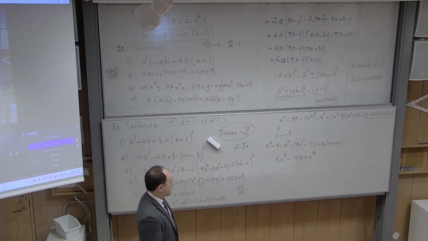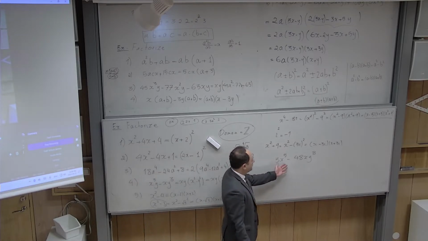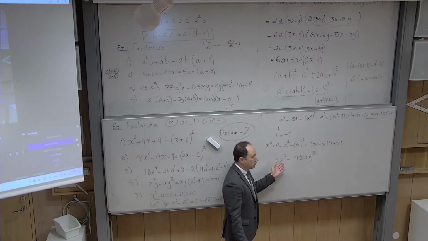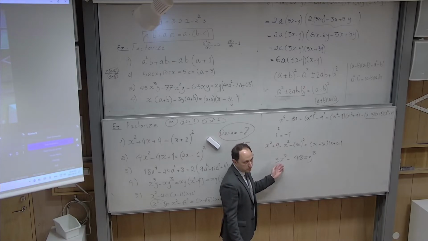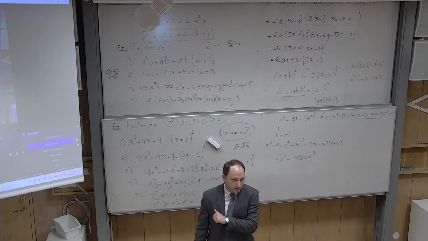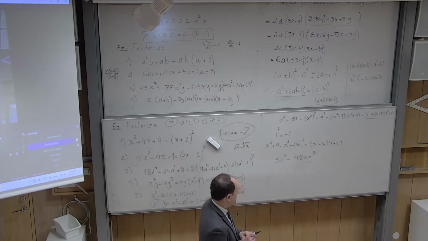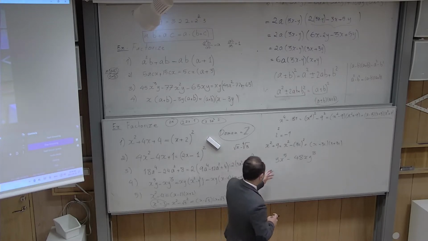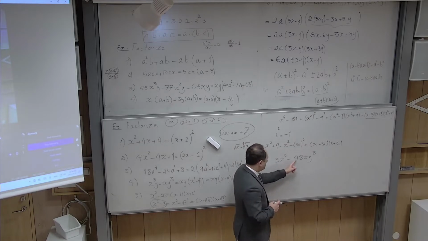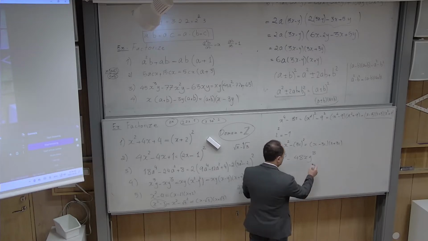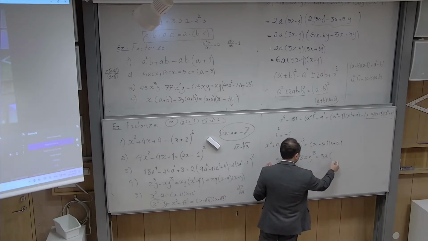Yes, you see, you might say that this is none of these patterns. You are right. This is neither a square pattern nor a conjugate pattern in this form. But remember, I told you the first trick we learn has the priority. So I can factor something out. From numbers, I can pull a 3 out. From the letter parts, I can pull an x out. So what is left for me? So I just pull 3x out.